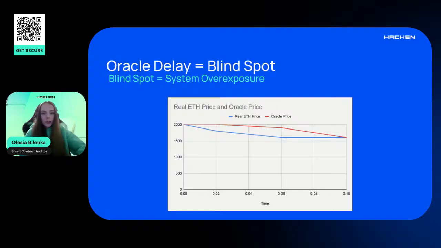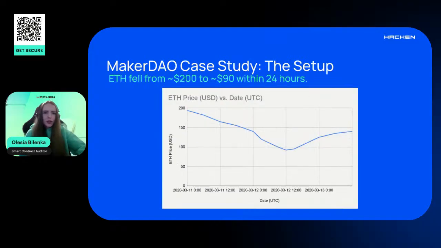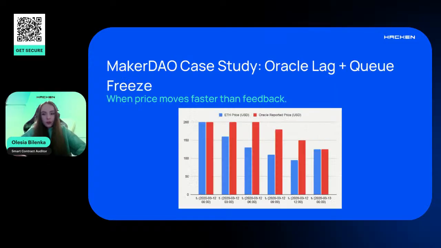In March 2020, the Ethereum price crashed from $200 to $90 within just 24 hours, and this sudden price crash showed how fragile these on-chain systems can be when stress hits. The oracle lagged behind the real market. It was reporting higher Ethereum prices while the price was falling.